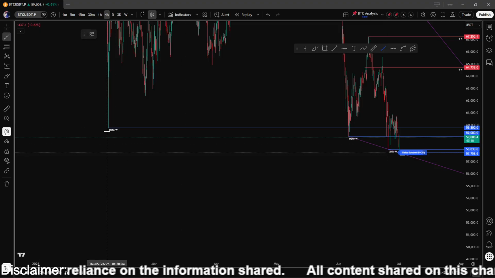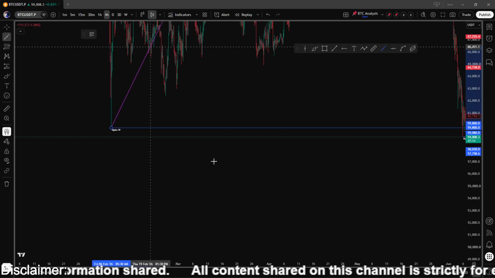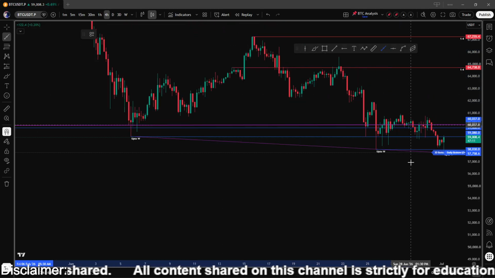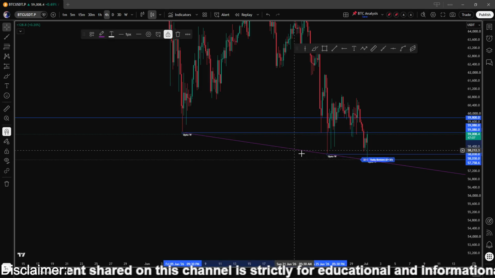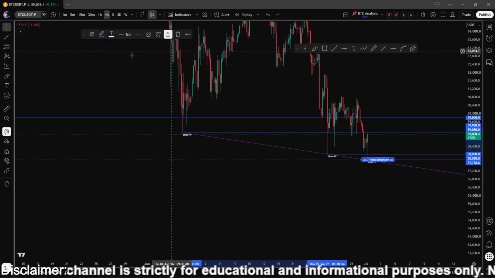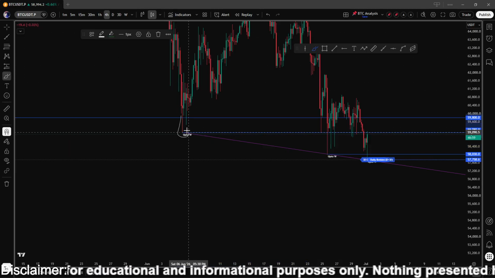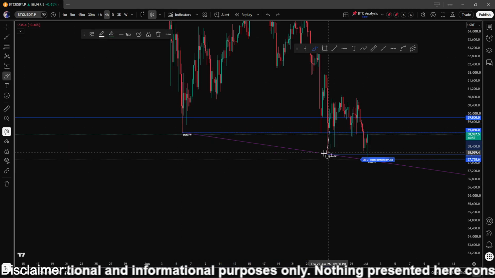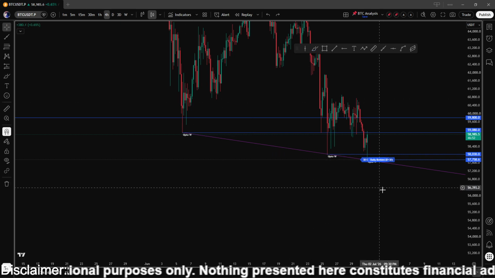Now the other way which I am suggesting is take this level, okay, and then connect this one, the one which I have already done here. We can see these two are the levels where price has made a previous bottom, this bottom and then this bottom, and this has up to weekly.